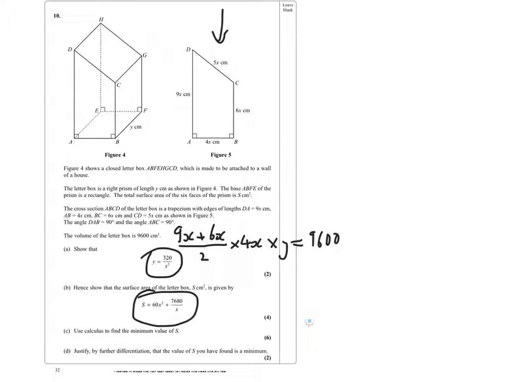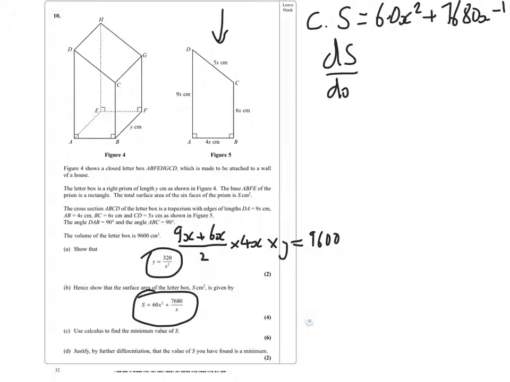Alright, now for part C it says use calculus to find the minimum value of S. So I'm going to do part C up here. So if I've got S equals 60x squared plus 7680x to the minus 1. Alright, I'm going to do dS/dx.